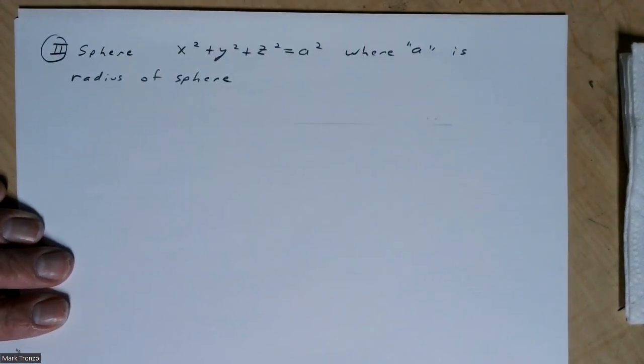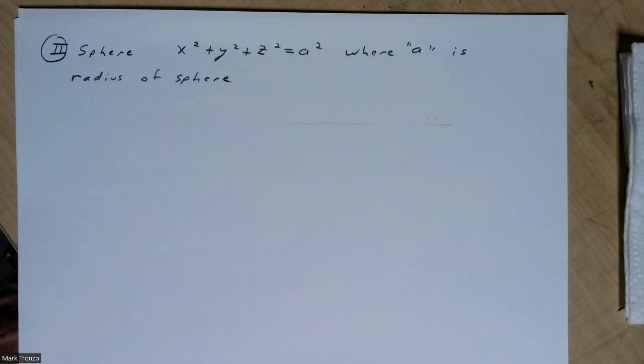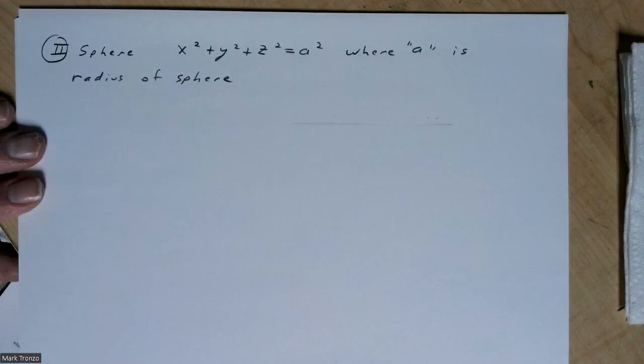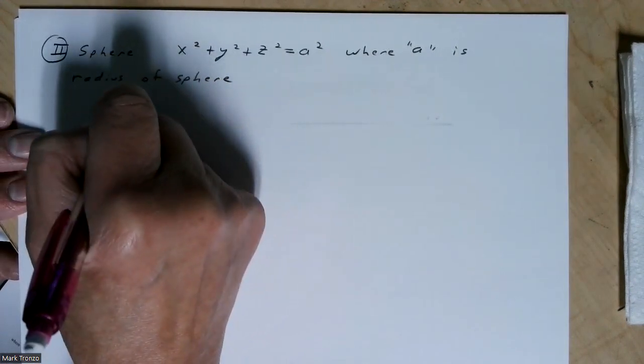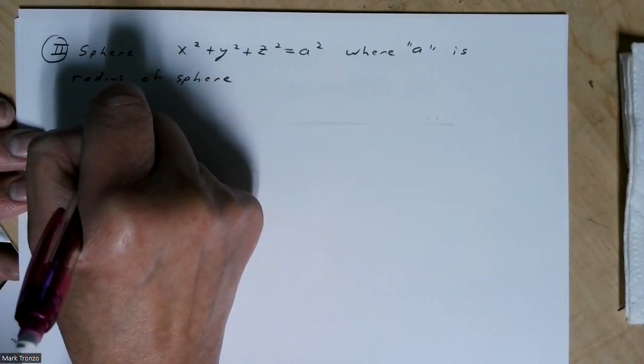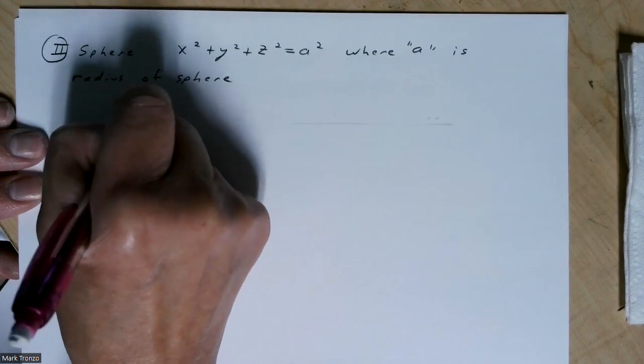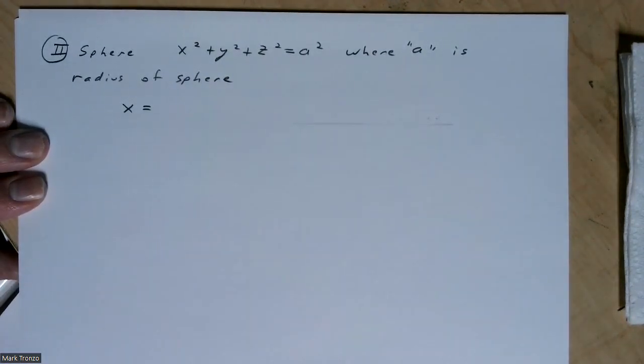And when you parameterize this, you can keep spherical coordinates in mind. Remember spherical coordinates, and let me sort of write them down, then we'll kind of modify them. So spherical coordinates would have something like this.